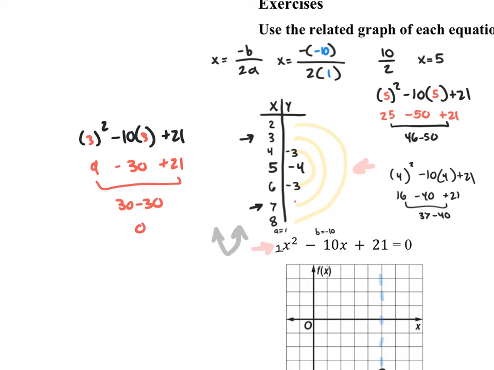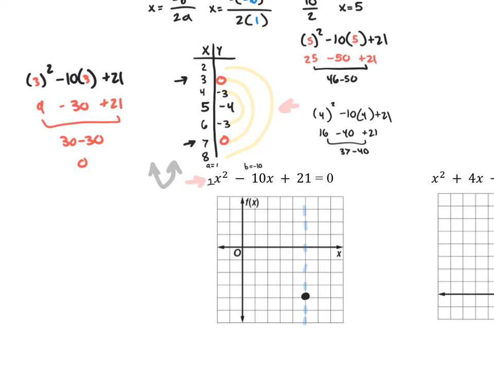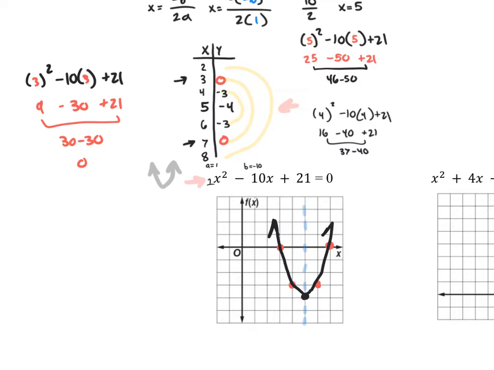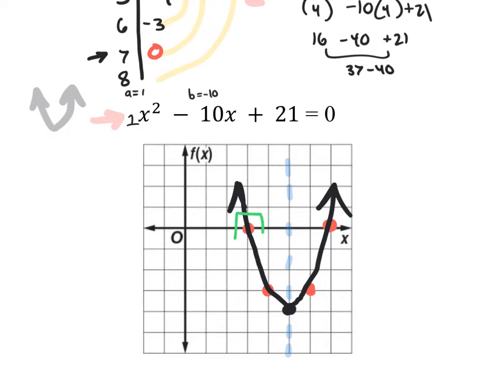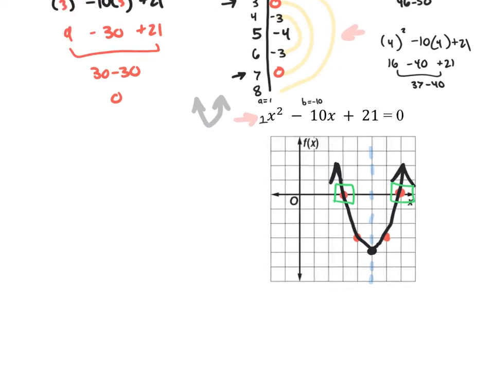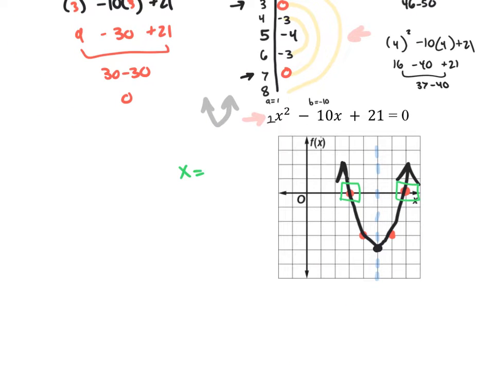We just found zeros. And when we go to make this picture now, the next spots we found were right there. And then we found a 3, 0 and a 7, 0. So here's our graph. We had 2 solutions. Those 2 solutions are the x-intercepts. So our solutions are that x is equal to 3 and that x is equal to 7.